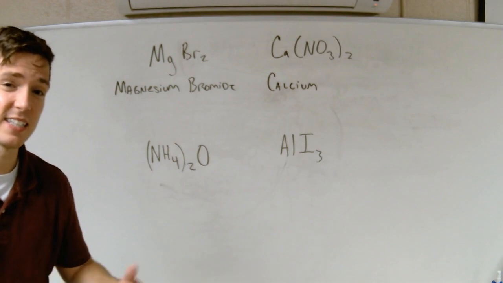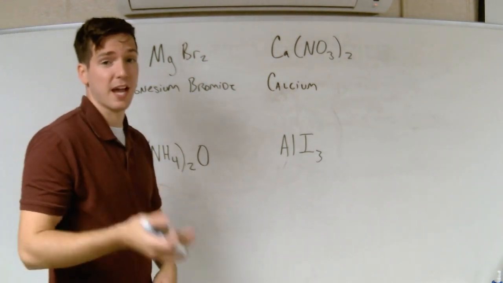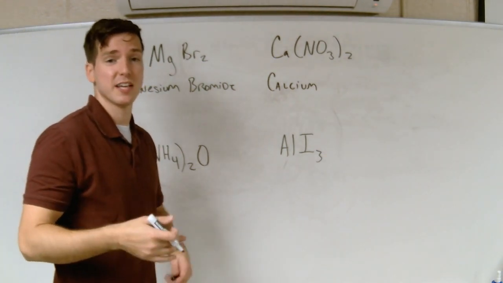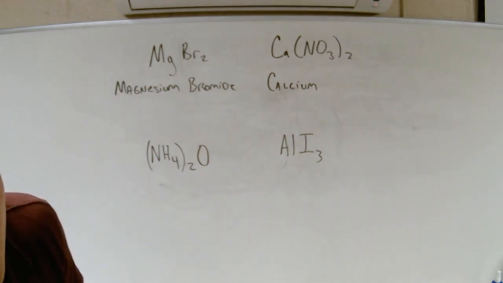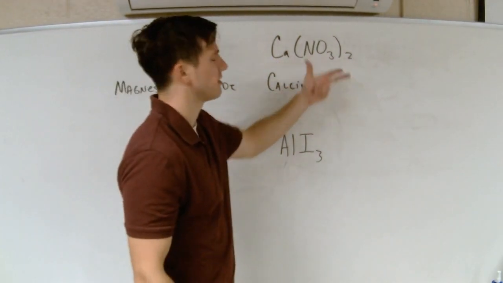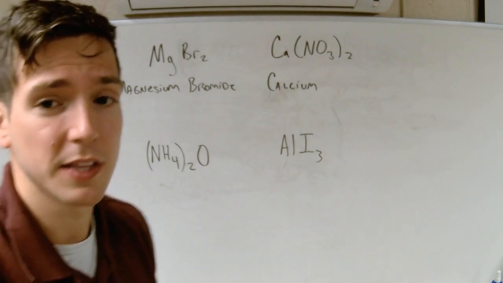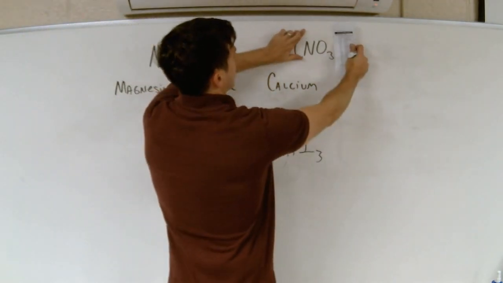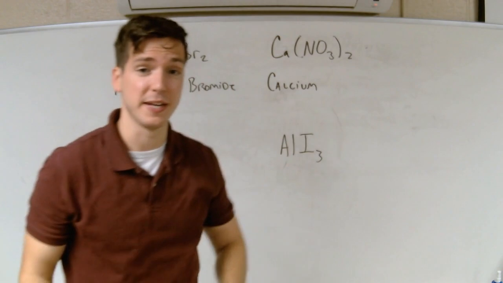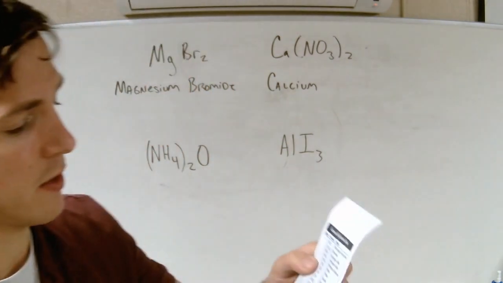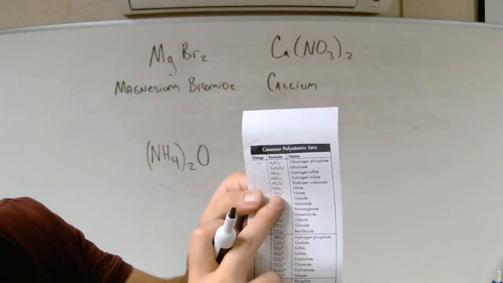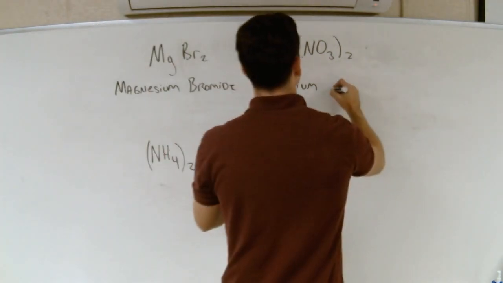And the second, the polyatomic ion, we just name it. We're just looking for the thing that's in the parentheses. Some of you will be looking for NO3 in parentheses 2, but no, it's not on there. We're just looking for NO3, the thing that's in parentheses, which, if you look on there, is just nitrate once again.